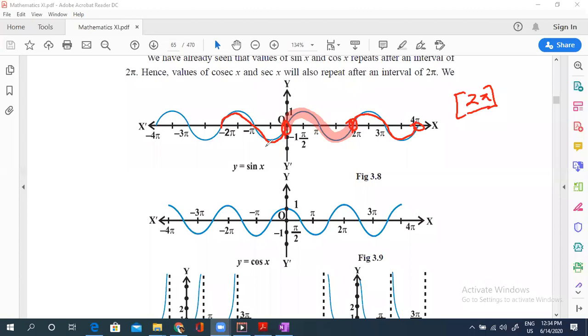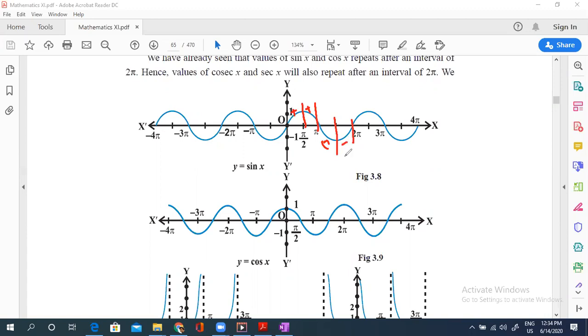See, 0 to pi by 2, first quadrant, positive. Pi by 2 to pi, second quadrant, positive. Pi to 3 pi by 2, negative, third quadrant.